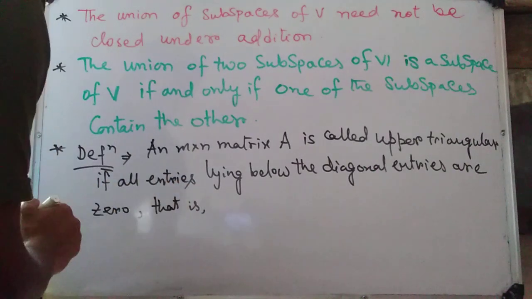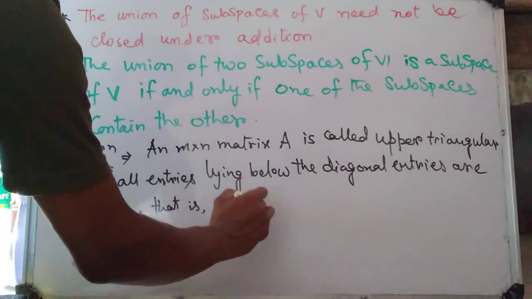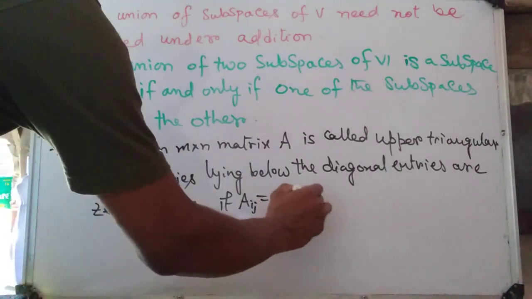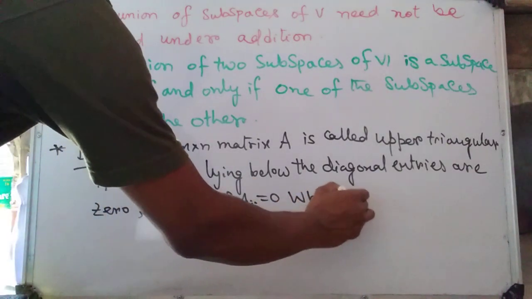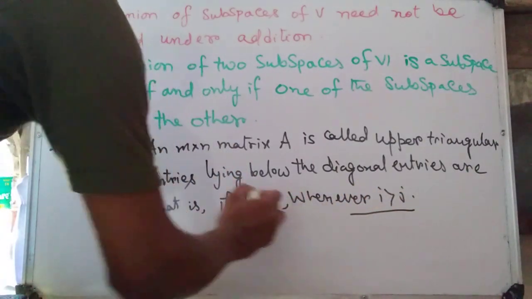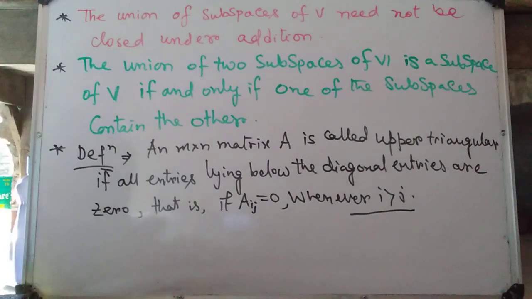That is, A_ij equals 0 whenever i is greater than j. Understood?